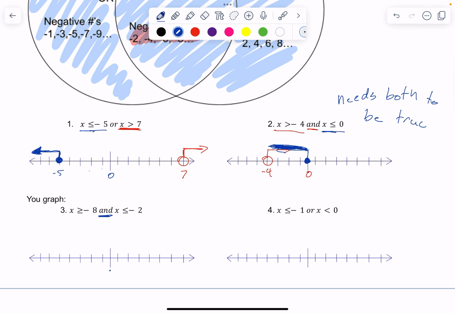If I were to have this at 0, this is -2, -4, -6, -8, then this one should be x is greater than, let's go in this direction, and -2, x is less than -2 going this way. So it's only the space in between here.